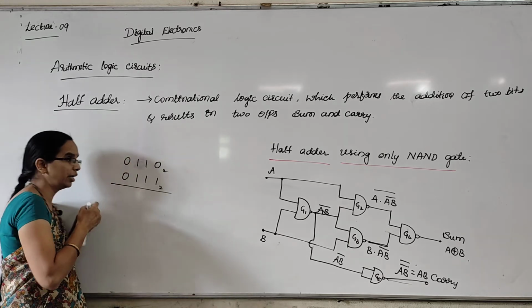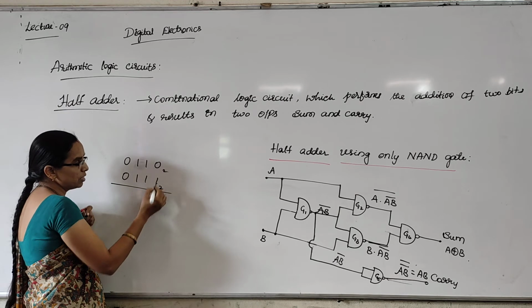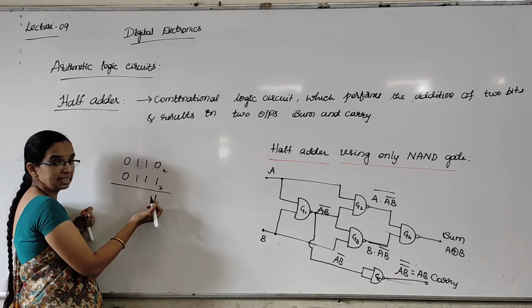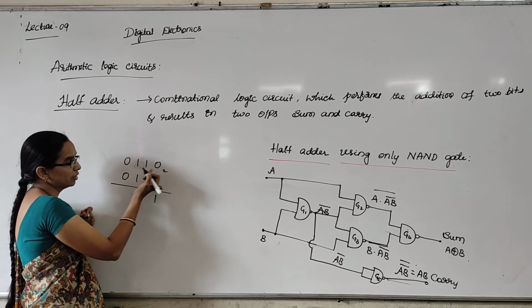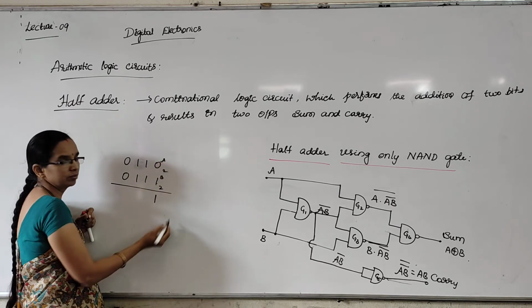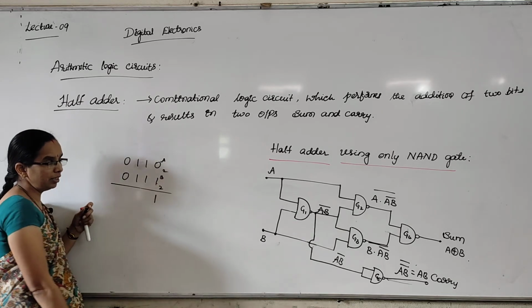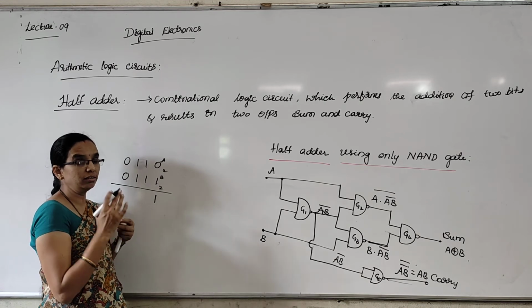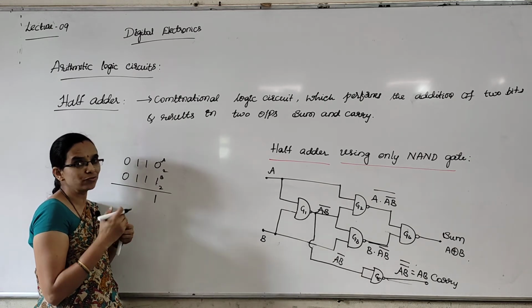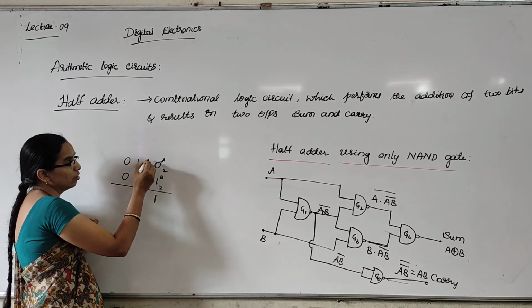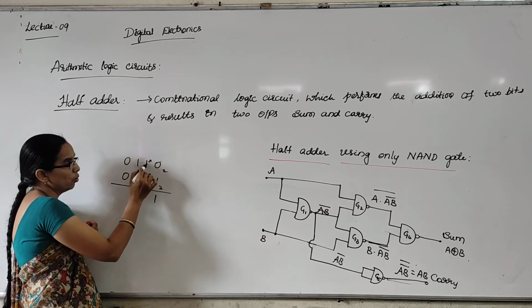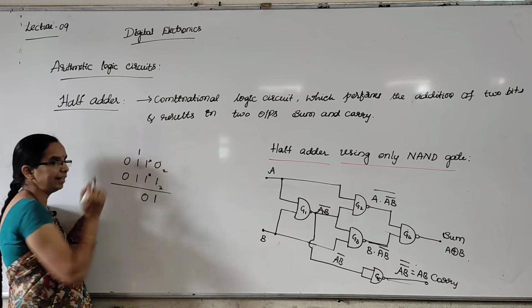So, 0 plus 1 is 1, no problem because no carry is generated. Next bit, if these two are A and B, then the sum output will be 1. For the input 0 and 1, the XOR gate output will be 1 only, that is fine. And for the next bit addition, 1 plus 1 is 0 with carry 1.